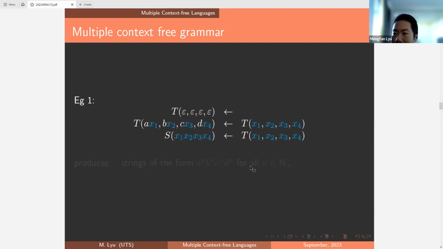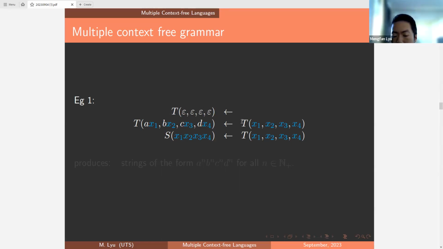So let's start this example. In this example, we start from nothing and we define our non-terminal letter T, which uses four variables. So at the very beginning, they are just empty.